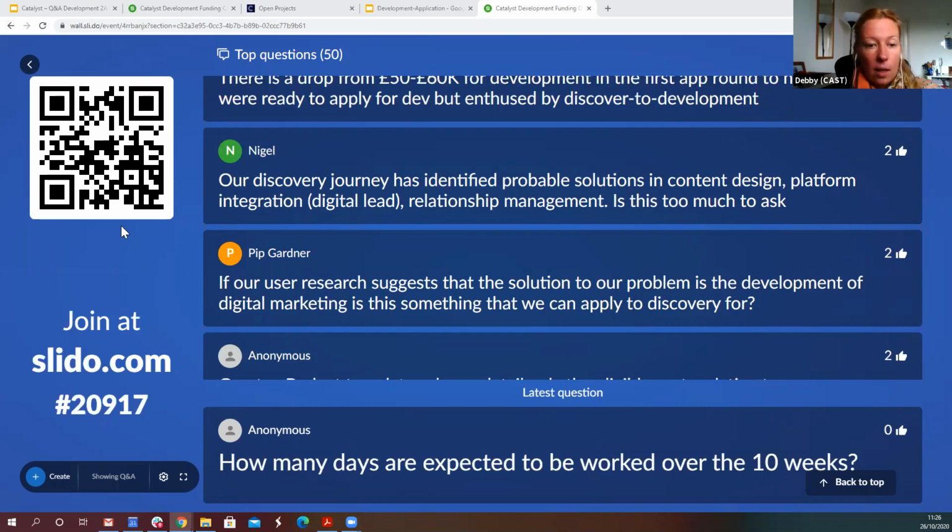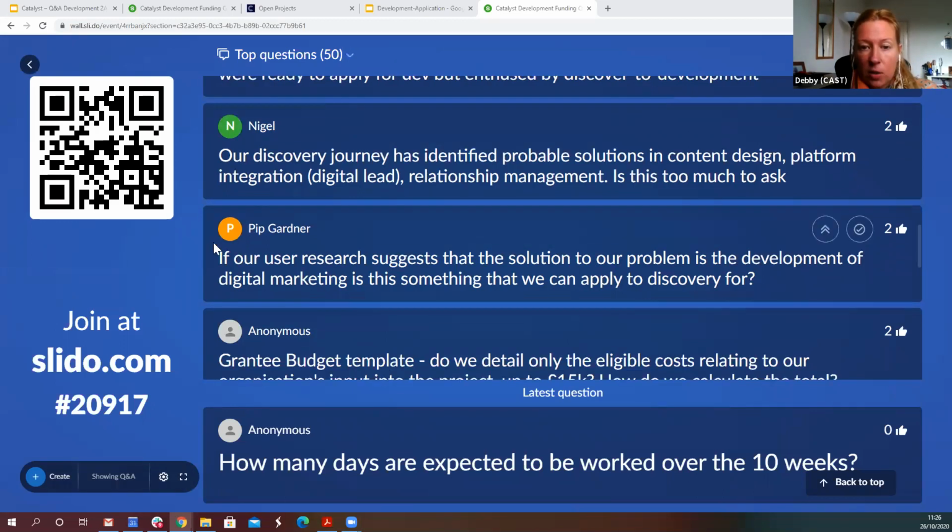Just saying, David, the Nigel question, I think we wanted to have some time on that. Our discovery journey has identified probable solutions in content design, platform integration, and relationship management. Is this too much to ask? That is a lot. So I think we would suggest that you think about how they are dependent on each other, how they are linked, and then what is a priority for you to put forward in this bid?